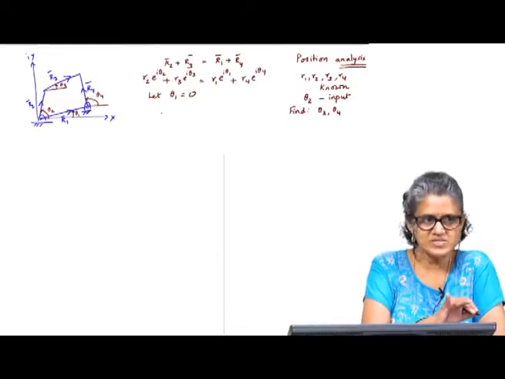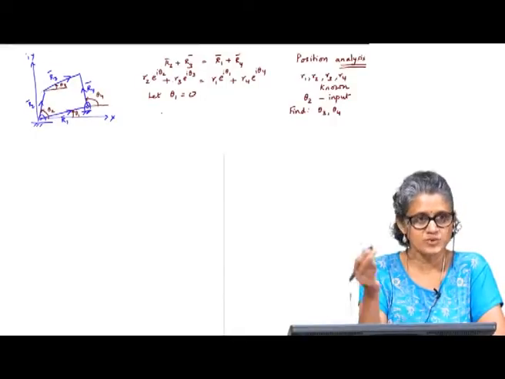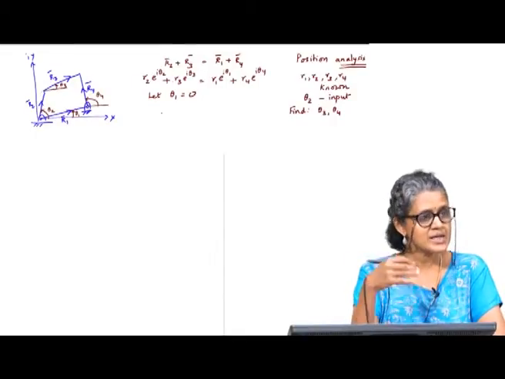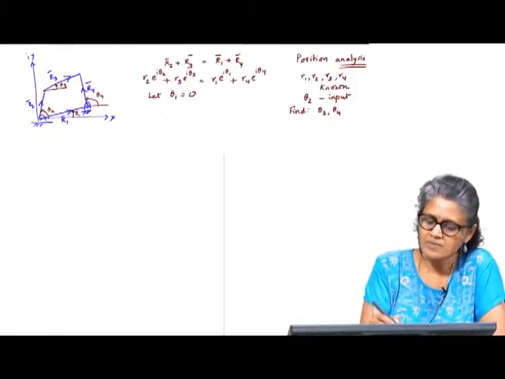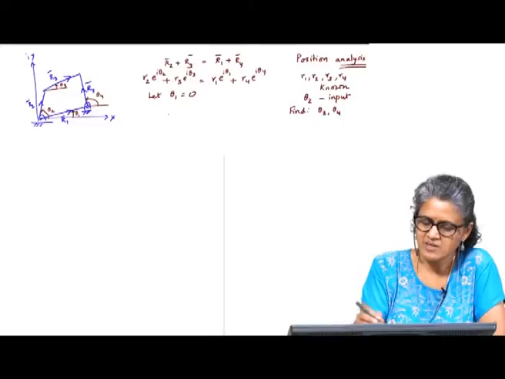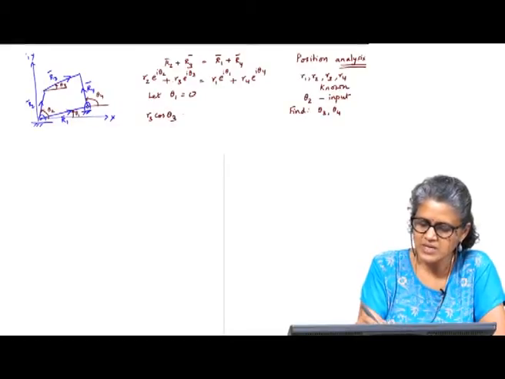There our purpose was different. We knew the theta 2, theta 4 combinations for which we were finding the link lengths. Now, we know the link lengths, and we want to find if it behaves the way we want it to. So, I will take r 3 cos theta 3, separating into real and imaginary parts. I have taken theta 1 as 0.